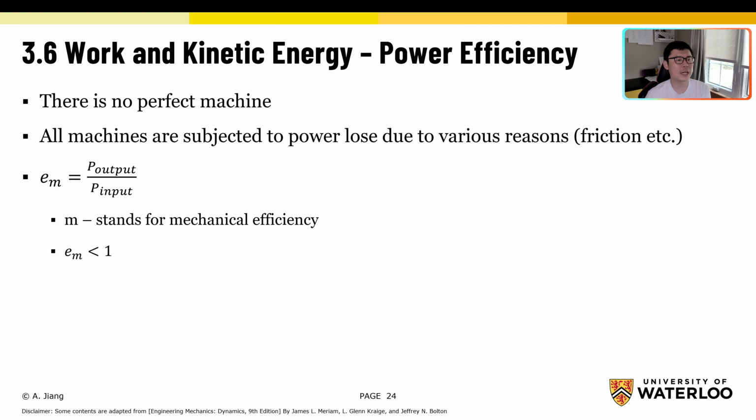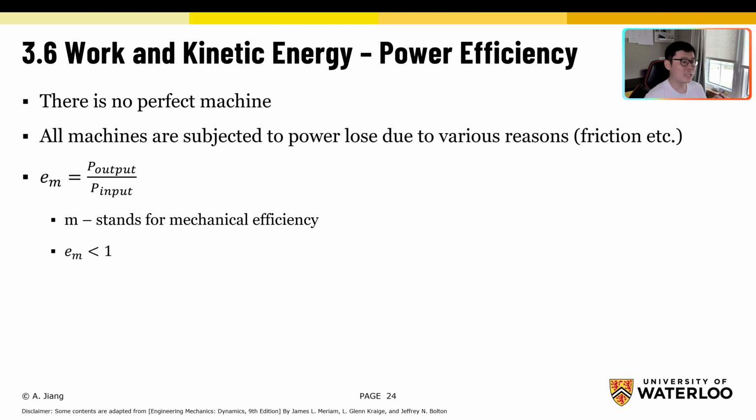When anything generates power, some part of the power generated will be lost, guaranteed. Right now, there's no way to have a 100% efficient power generating system because there's no perfect machine. All machines are subjected to power loss due to various reasons such as friction and many other factors.